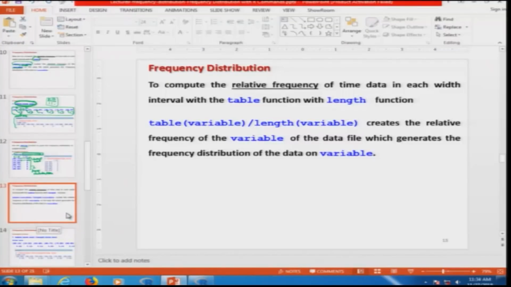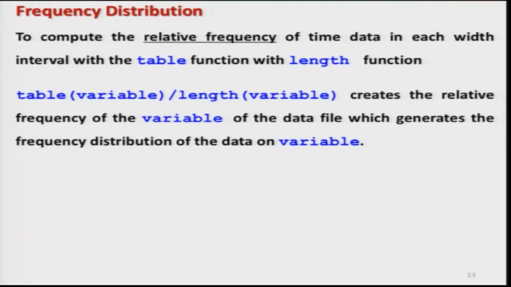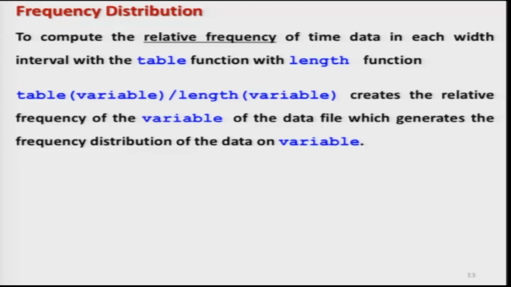Right. Now, there is another issue. In this case you have obtained the frequency distribution with respect to absolute frequencies. Now, suppose alternatively you want to find out this frequency distribution with respect to relative frequencies, then how to do it? As we had discussed in the earlier lecture, there is a very close connection between absolute frequencies and relative frequencies.